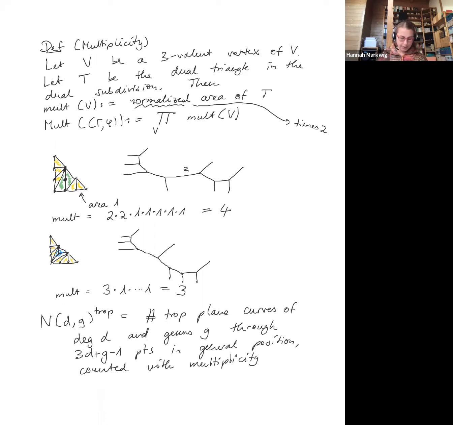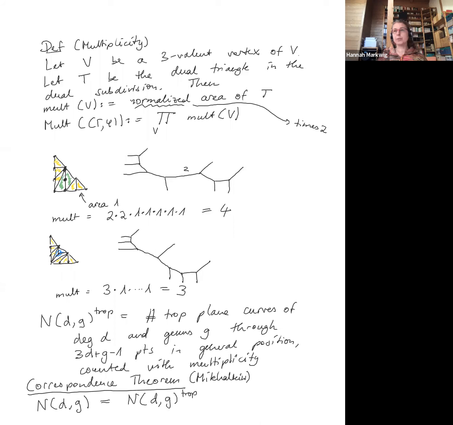Okay, and now comes the magic theorem, a very famous theorem in tropical geometry. Oopsie, the correspondence theorem by Mikhalkin. And it states, as you can guess, that this number N_{D,G} equals the number N_{D,G}^trop.